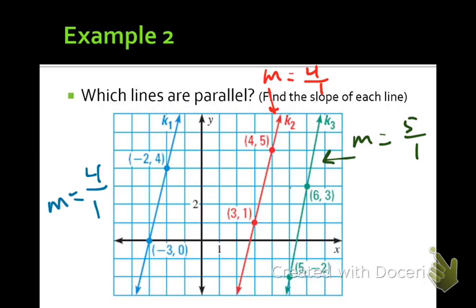And you see here, since the blue line and the red line have the same slope, then K1 is parallel to K2. Remember the parallel symbol, just your two what look like parallel lines. But obviously K3 is not parallel to either one of those other two.